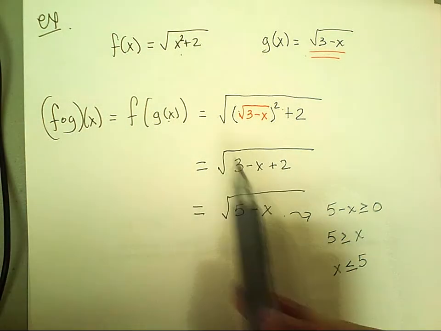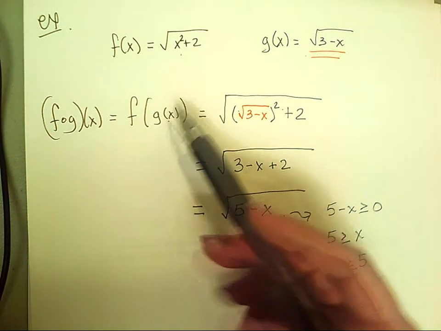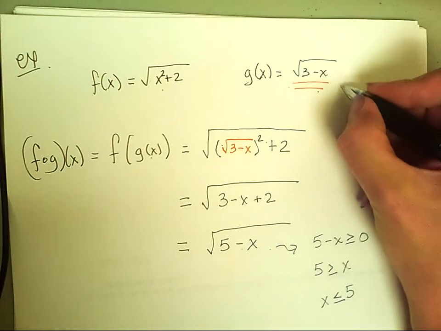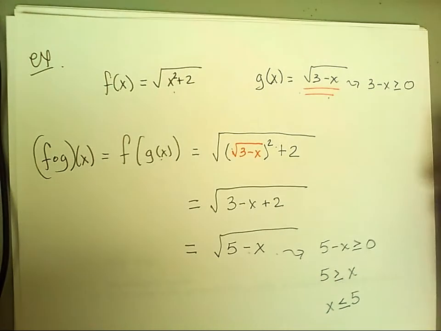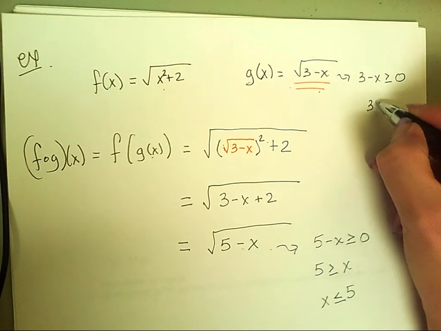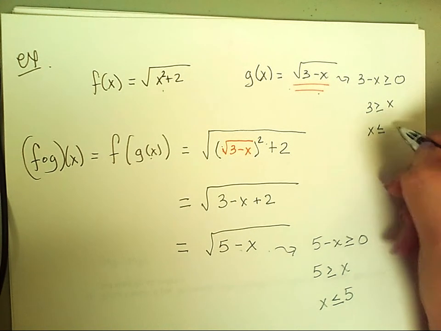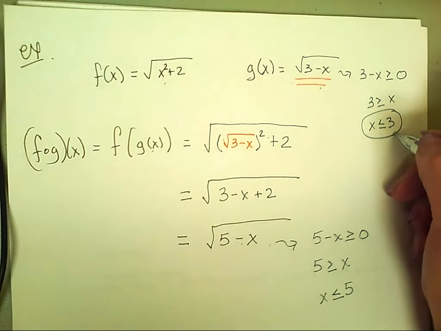And again, we might be tempted to say that this is the domain. However, we have to take into account any domain restrictions for what we put into it. Okay? So if we look at the domain restrictions for g, we know that 3 minus x has to stay greater than or equal to 0. So 3 has to be greater than or equal to x, so x has to be less than or equal to 3.